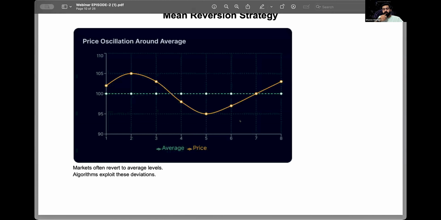This algo which works on the mean reversion strategy might have worked really well in terms of placing the trades.